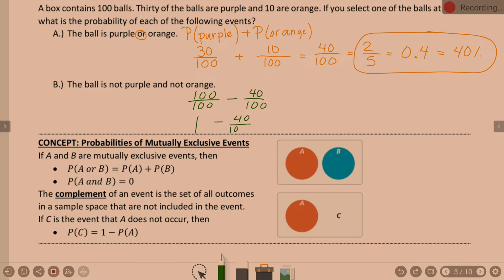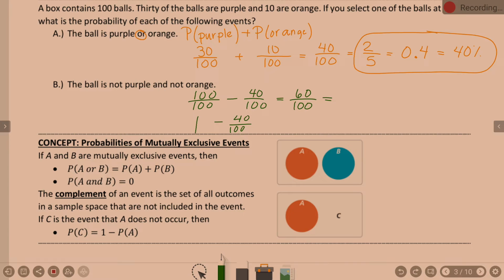If the probability is 100% there, that is equivalent to 1, right? So the idea is if we know 40 out of 100 is probability of purple or orange, subtracting it from 100 over 100. Okay, so however you're going to get there, it's going to be 60 over 100.